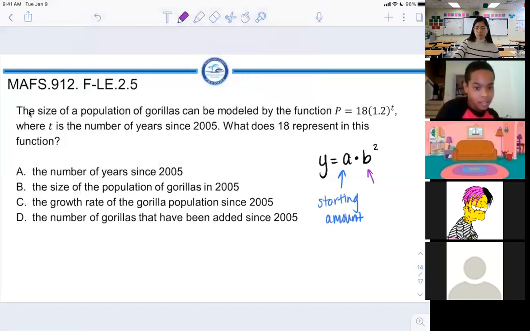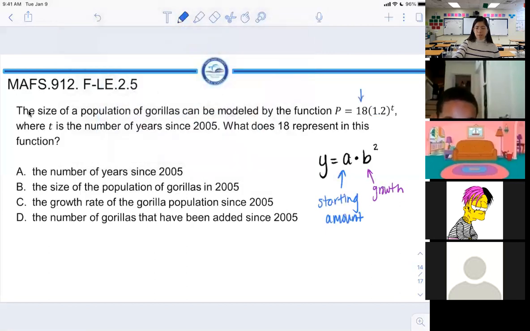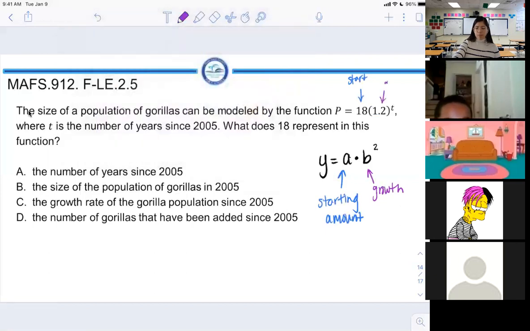Good. So if we're following that rule, 18 is the starting amount and 1.2 is the growth. So which answer is correct? B. B is correct, yes.